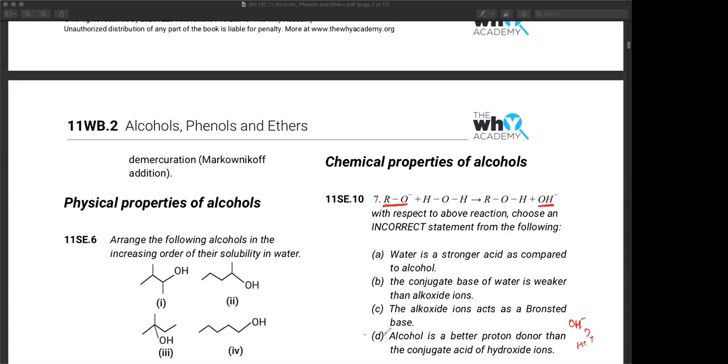So are alcohols better proton donors than water? Better proton donor matlab, are alcohols stronger acids than water?